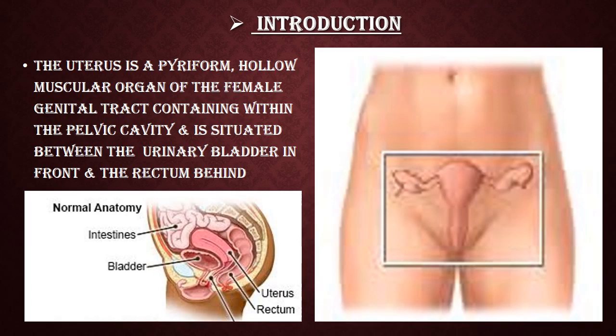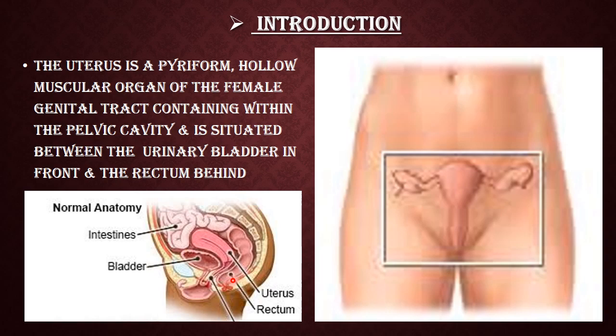The uterus is a piriform hollow muscular organ of the female genital tract, contained within the pelvic cavity and situated in between the urinary bladder in front and the rectum behind.